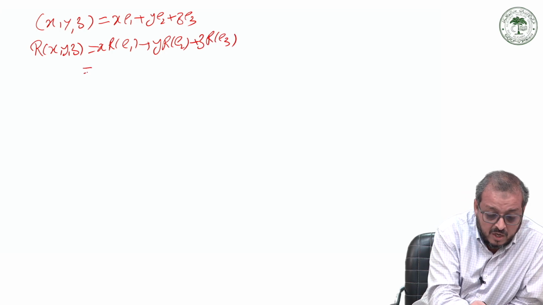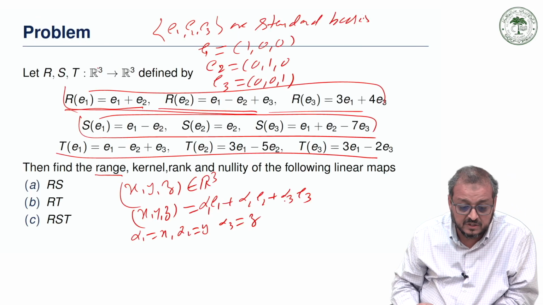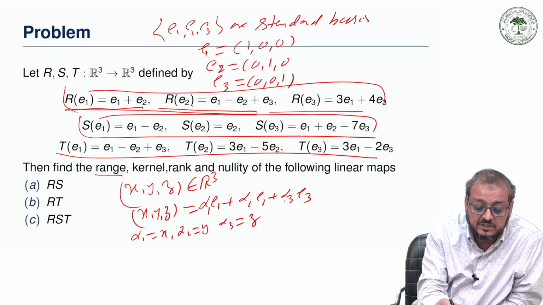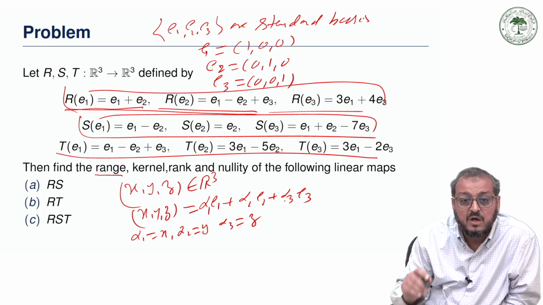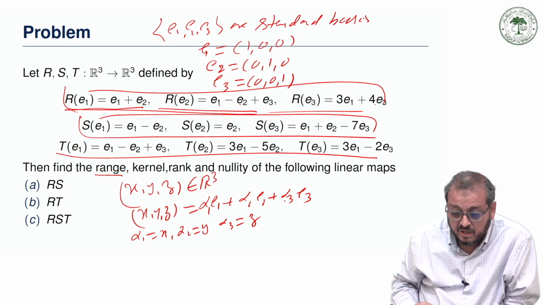Now we know that R of E1 is defined as E1 plus E2, R of E2 is E1 minus E2 plus E3, and R of E3 is 3 E1 plus 4 E3.